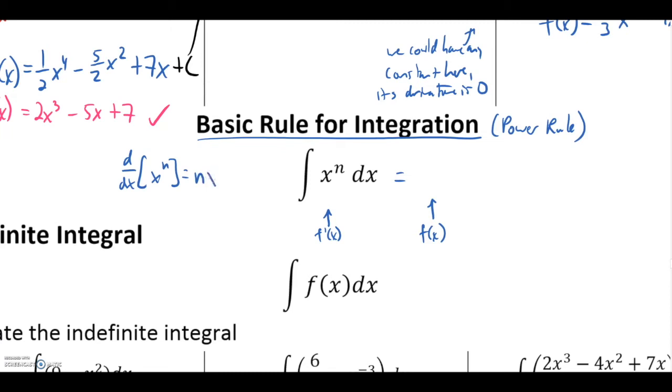We multiplied by that power and then subtracted 1. We're going to go exactly reverse for this. We're going to add 1 to our power and then divide by the new exponent. Or if you want to write it in a slightly different way, we'll end up with 1 over n plus 1 times x to the n plus 1.